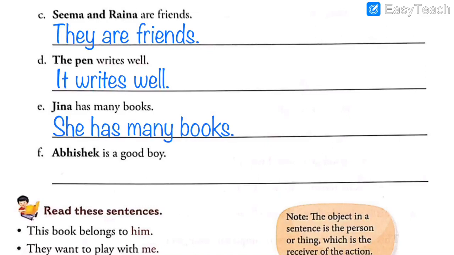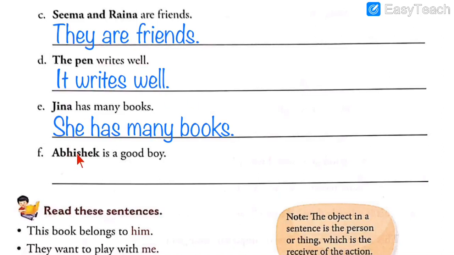Let's write the answer. So the answer is she has many books. I have not changed the other things in the sentence. As you can see, has many books, as it is. Just I have replaced Gina with she. That is what change we have done.